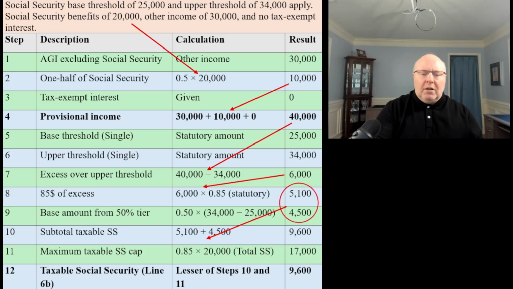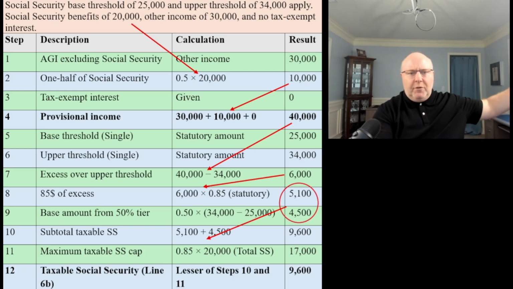Okay, well, here's our last step that we have to do now. When we're looking at Social Security, we're never going to pay 100% taxes on 100% of Social Security. The maximum that we can pay is 85%. So what we do is we take the lower of our $20,000 of Social Security times 85%, that's $17,000. That's the cap that we would have if we were at the 85% for the entire amount.